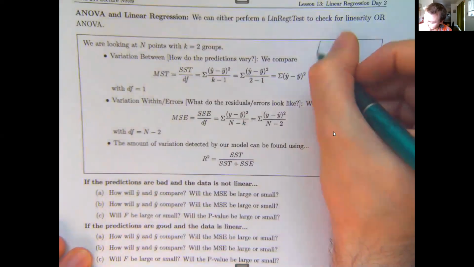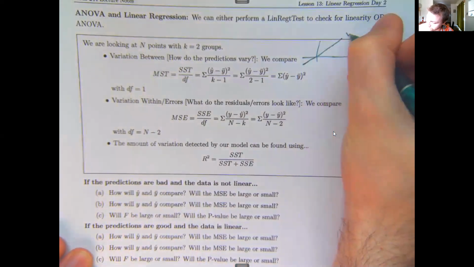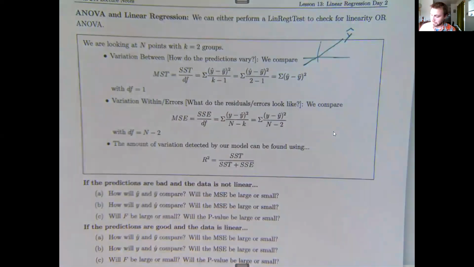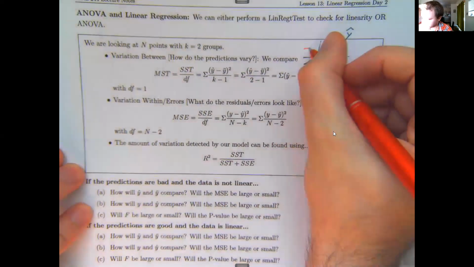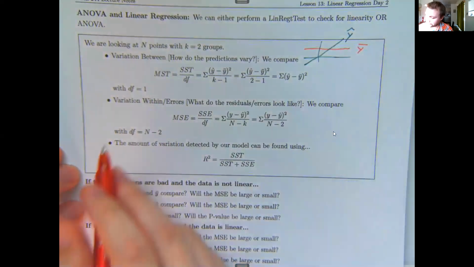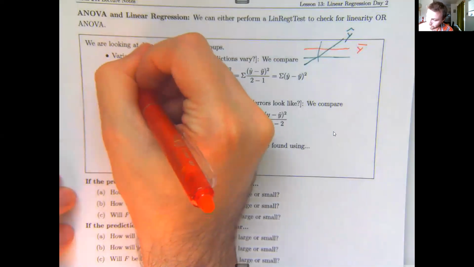And what this is comparing is my line of prediction and this flat line y bar. So variation between is really checking what's going on with the slope.